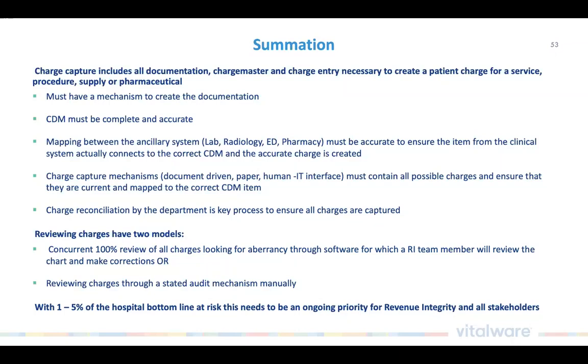So the audit is specific to the event, but the ongoing charge capture review can be software or it can be an nth method. And you can ask your audit teams. Auditors may have a hard time, if they're internal, getting down to how to create an audit program for a charge, but they're pretty good at helping you. And I would reach out to them.